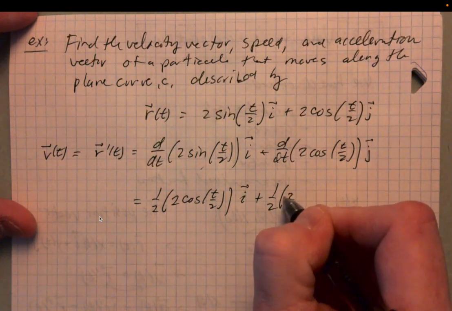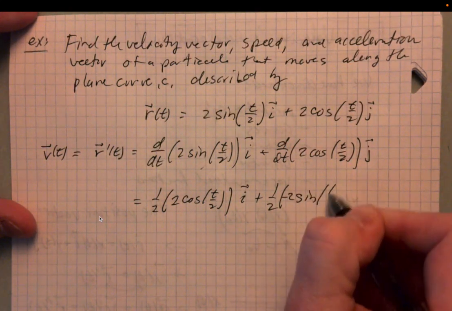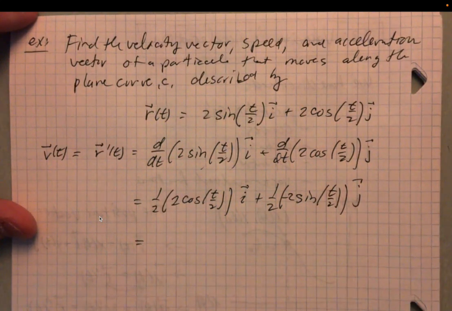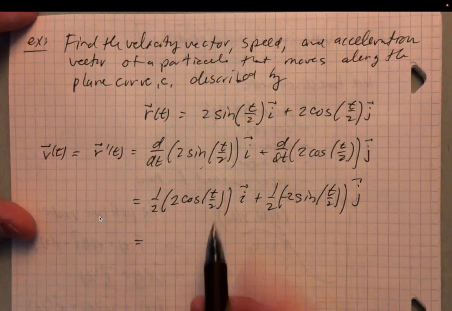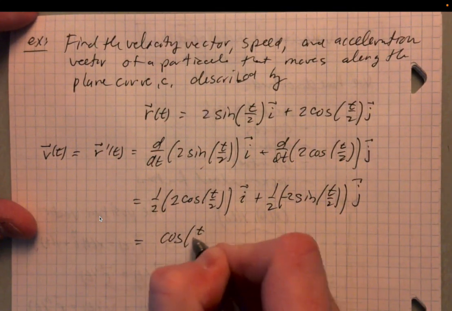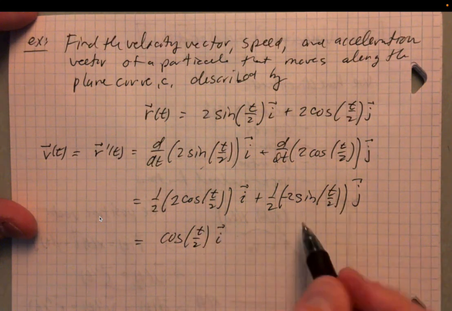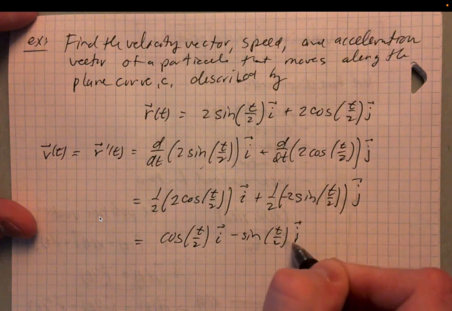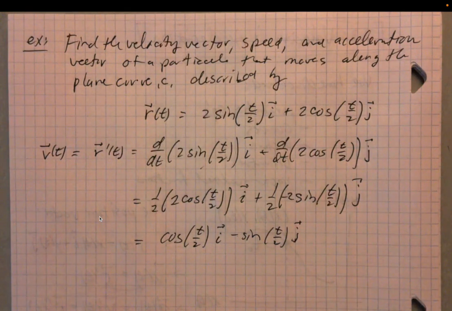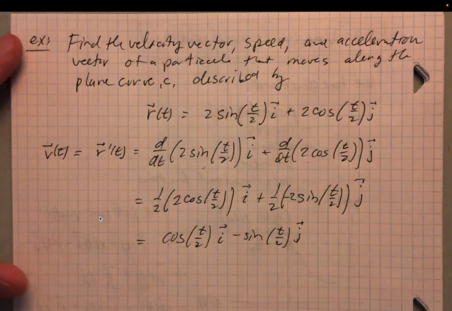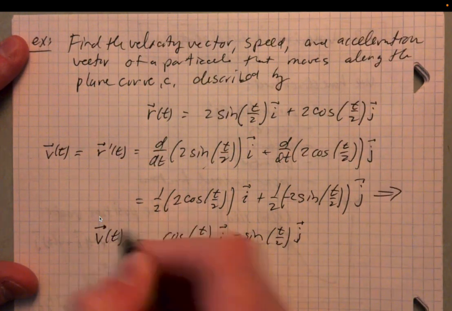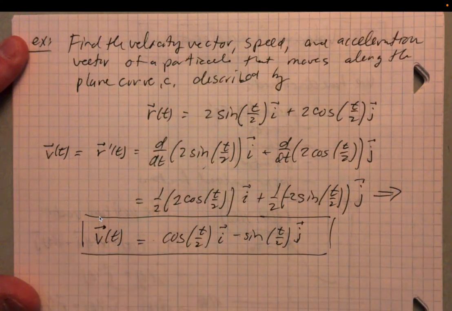Well, we'll put the negative inside. Negative sine of t over 2 times j. And then we can do some cancellation here. So this would be cos t over 2 times i, and then minus sine of t over 2 times j. No problem. So that's the velocity vector. That's part 1. So we got that piece.